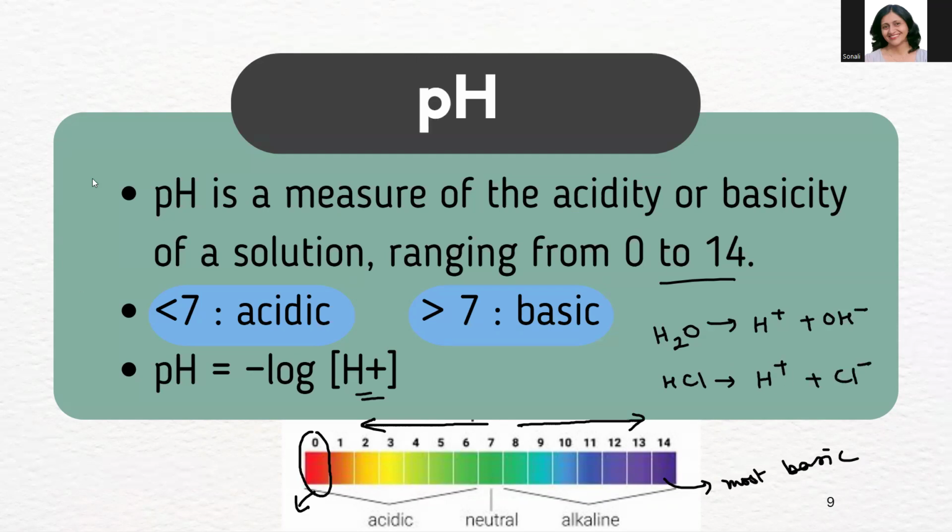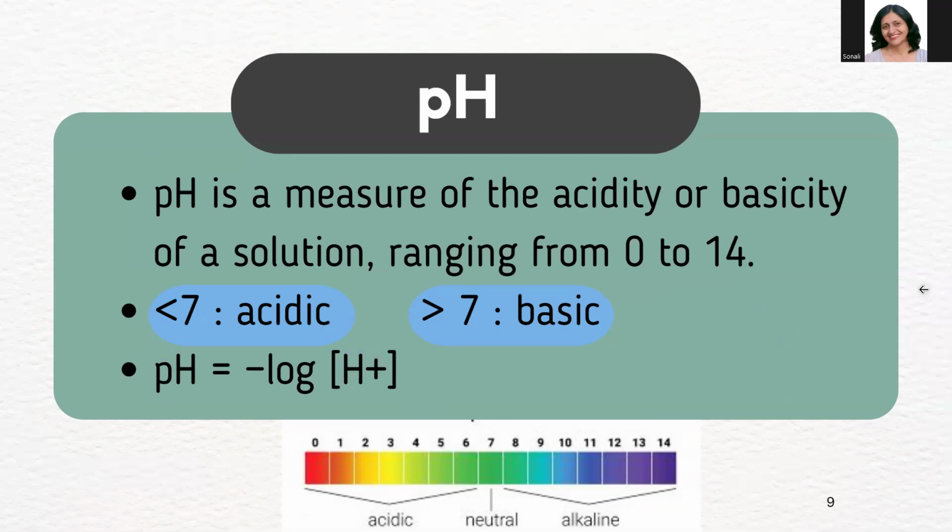Whatever compounds have the capability to give H plus ions make it acidic, and the pH can be calculated as the negative log of the hydrogen ion concentration found in your solution.